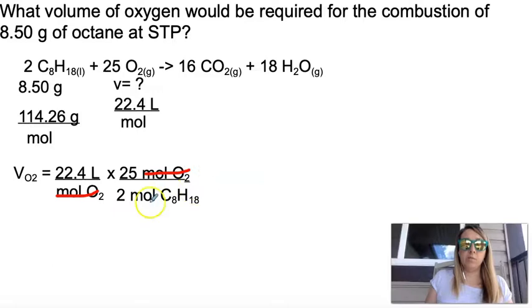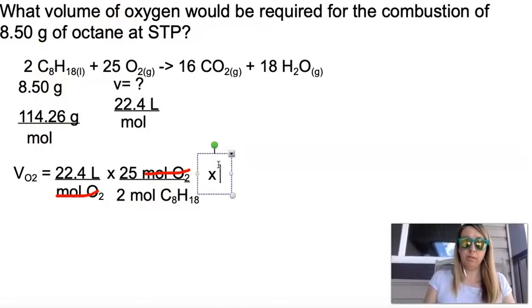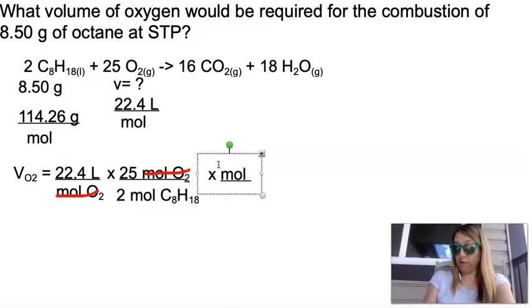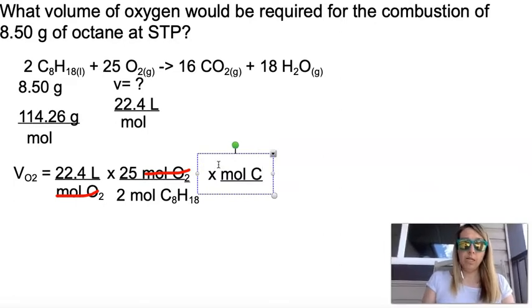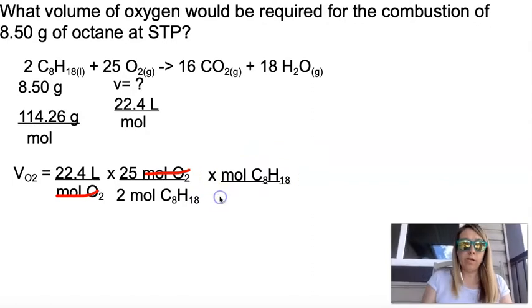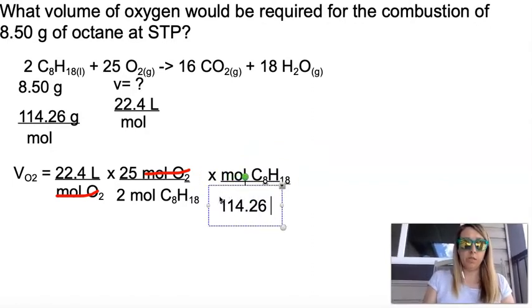Now we need to cancel out moles of octane. So we look at octane, it's right here. Here's moles, so we're going to take the molar mass and we're going to flip it. So we're going to do moles of C8H18 over that 114.26 grams.